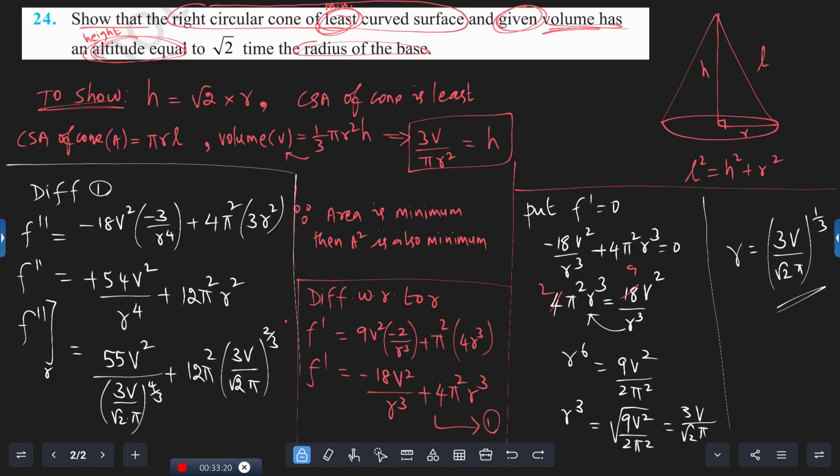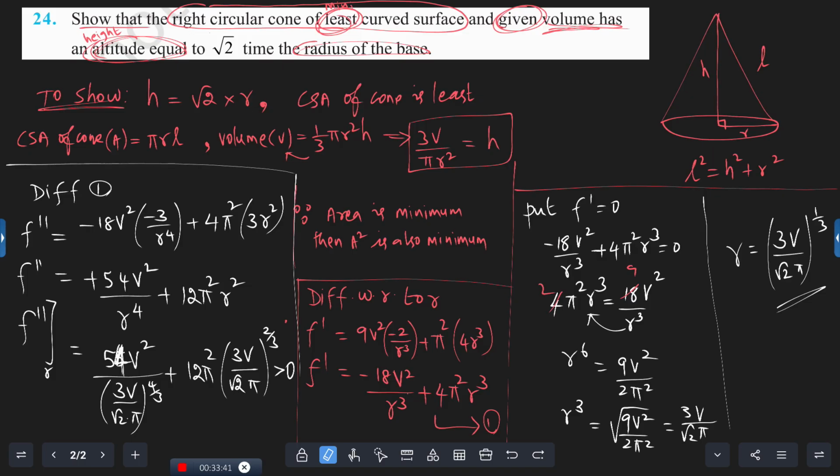I wrote 55, it is 54 here. So both are positive, greater than 0. Don't need to simplify, just greater than 0. Now we can say that the r value is a minima.